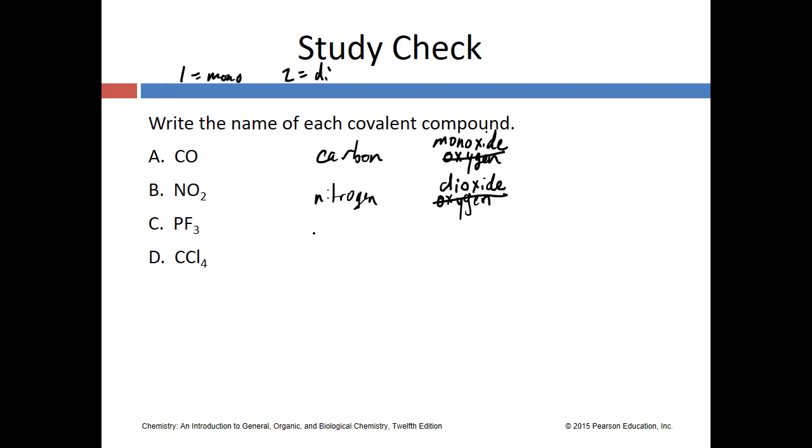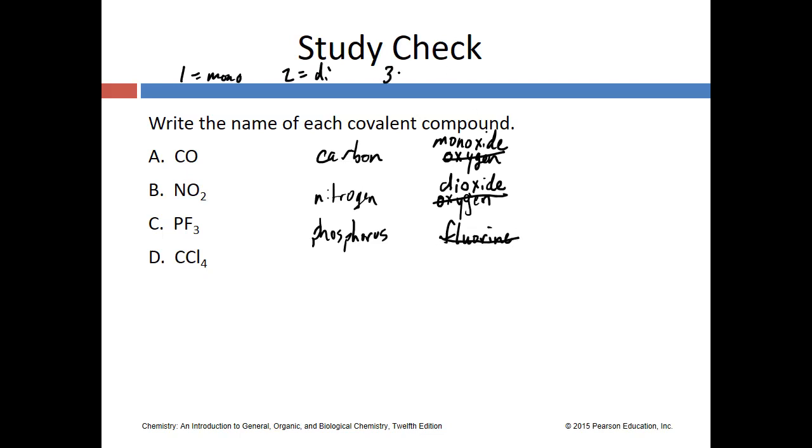Third one, I've got phosphorus and fluorine. Prefix for phosphorus would be mono, but since it's the first element, again, that's implied. Fluorine, I need to change its name.